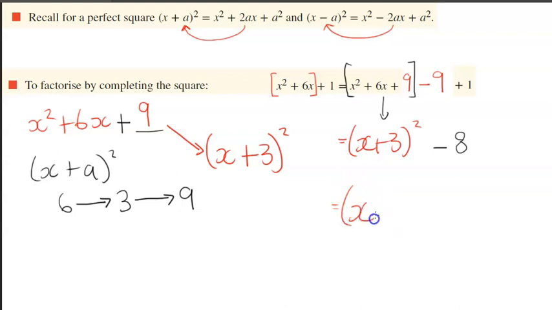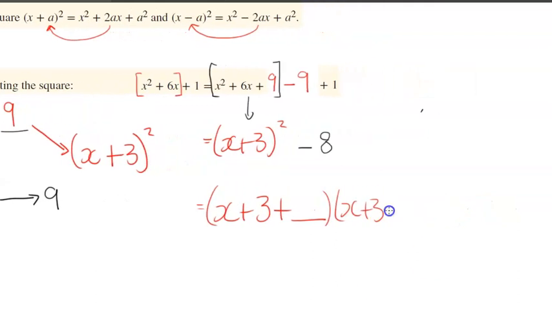This then factorizes to x plus 3 plus a certain term, and x plus 3, I'll move that to the side, minus a certain term. And that term is dictated by what this is. Now this unfortunately is not a perfect square, so you've got to force it to be a surd.